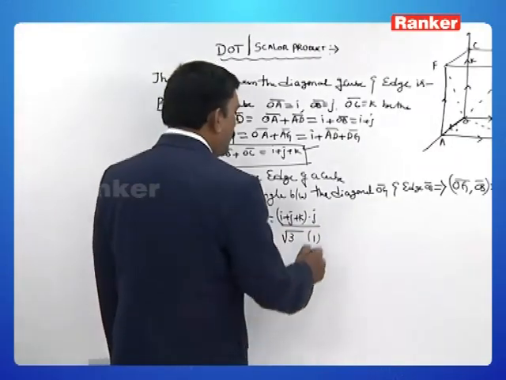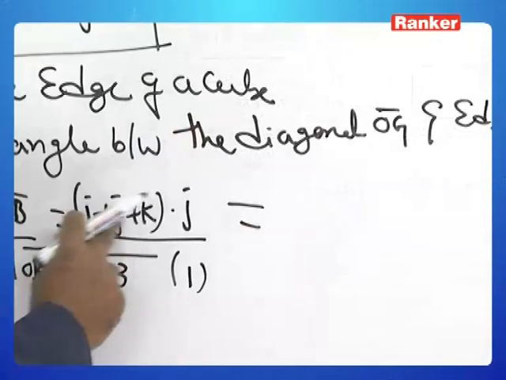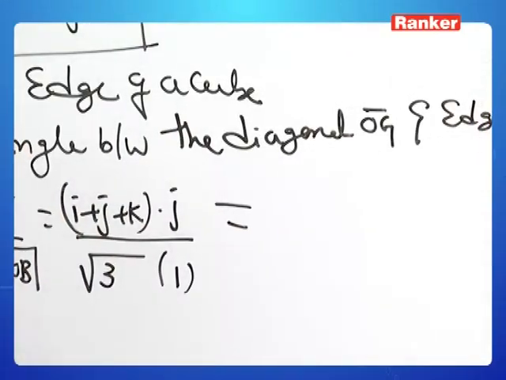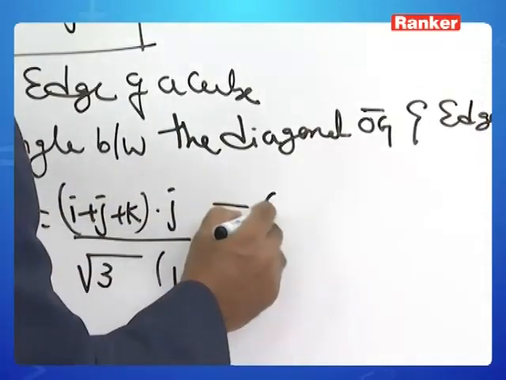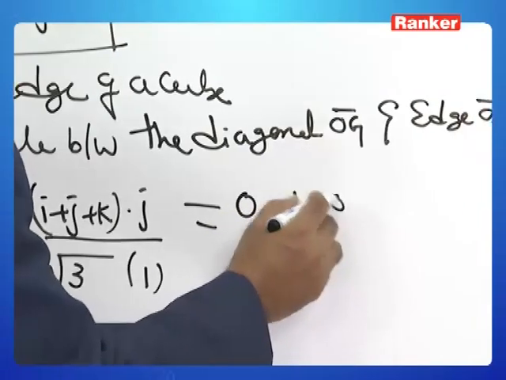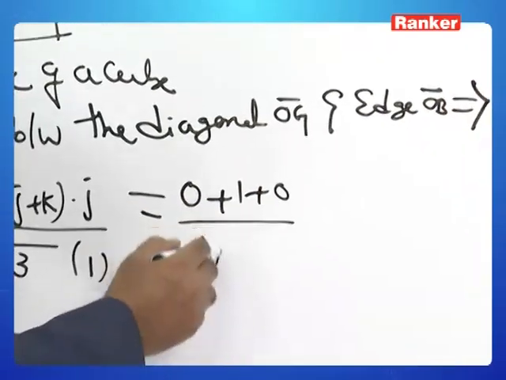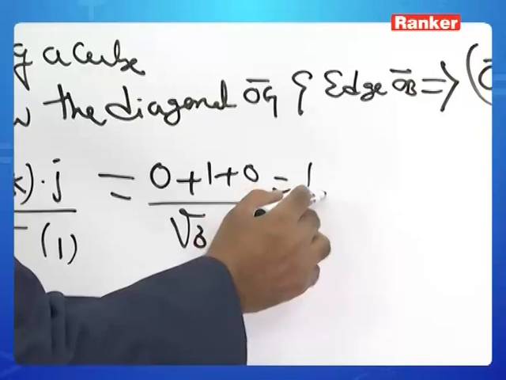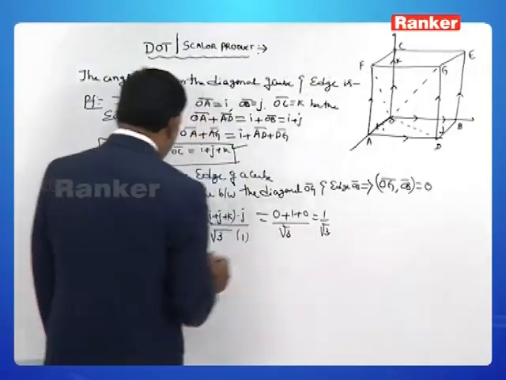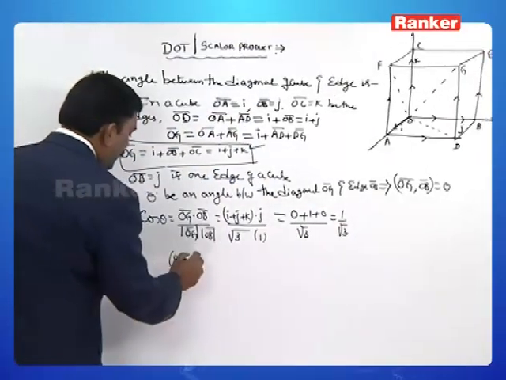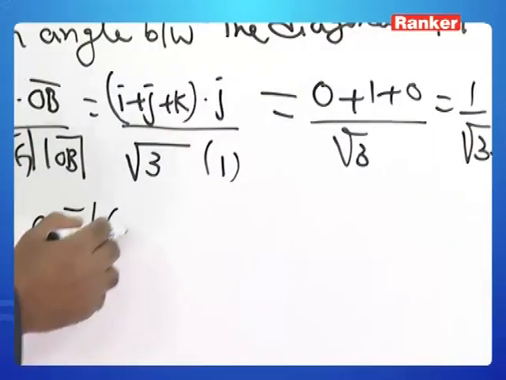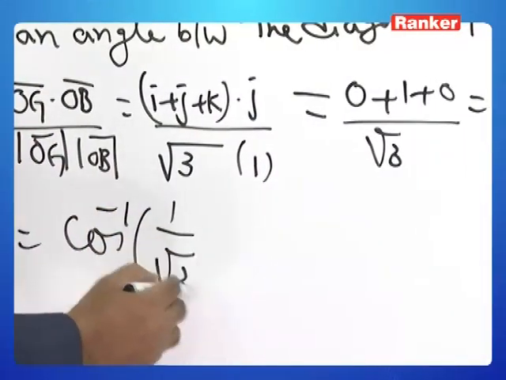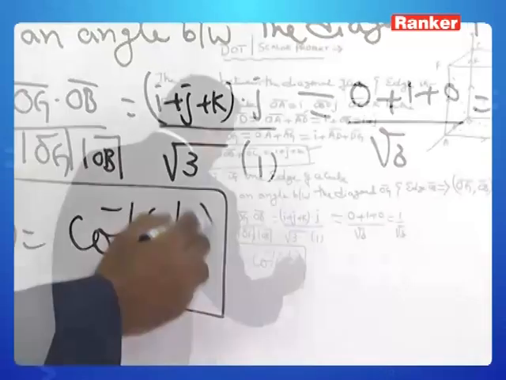Now take the dot product. I dot J is 0, J dot J is 1, J dot K is 0. So the value is 1 by root 3. Therefore theta is equal to cos inverse of 1 by root 3.